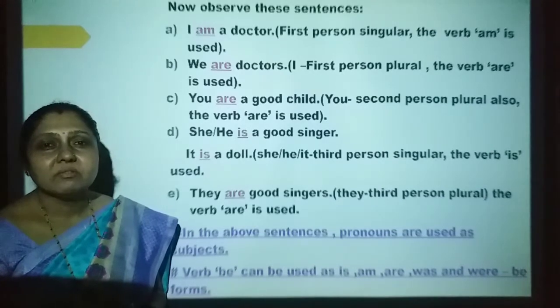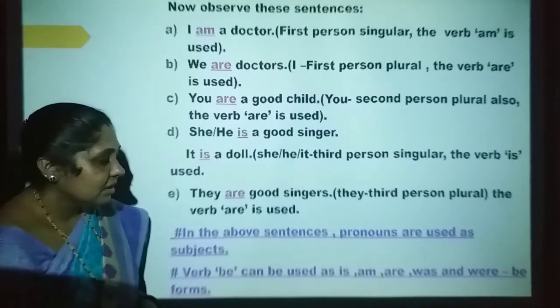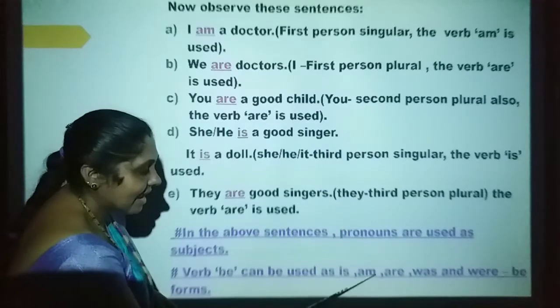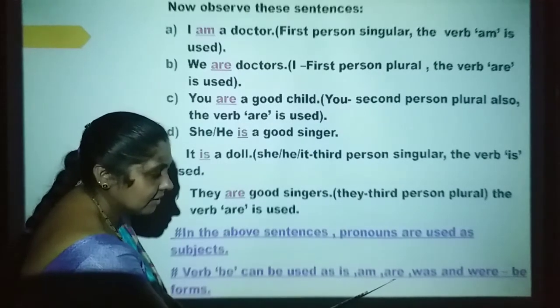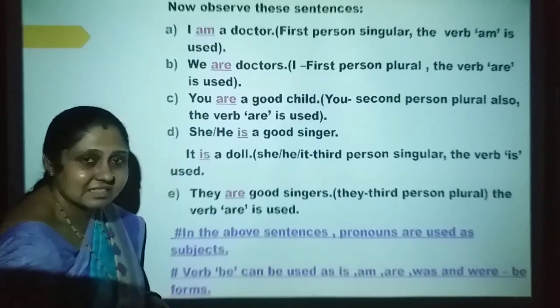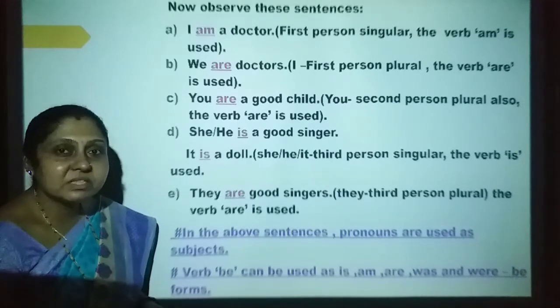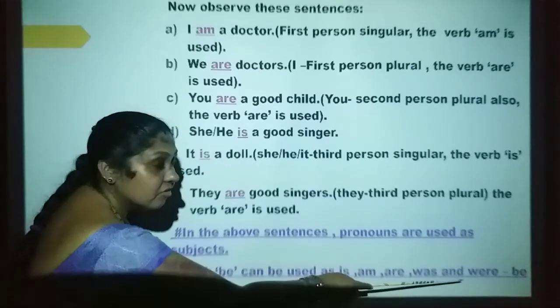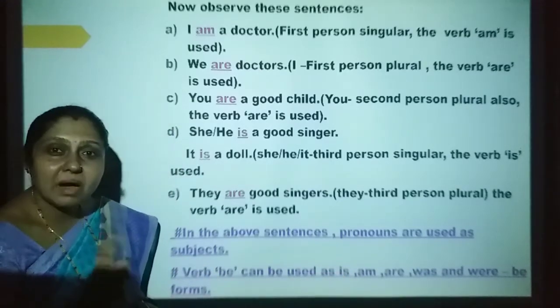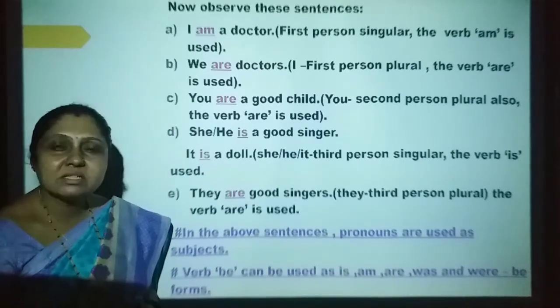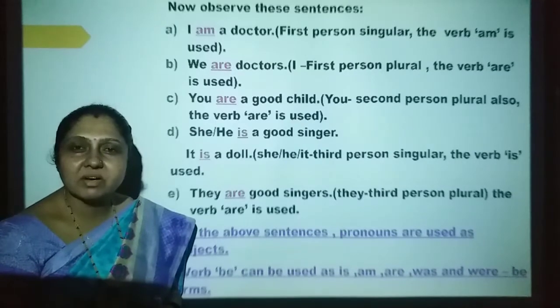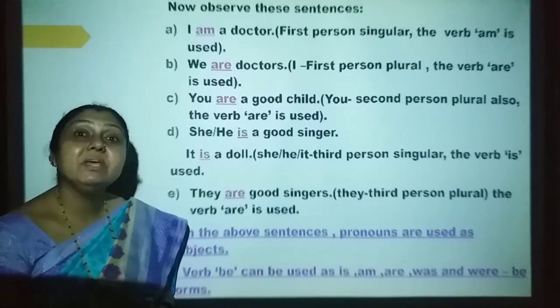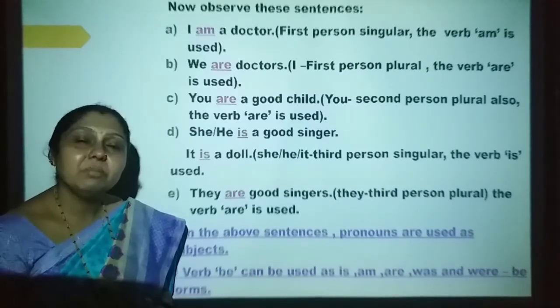Now, very clearly listen to me. Here, is, am, are are the be forms in present tense. Was and were, past tense. Then what is the past participle form of the verb? It is been.